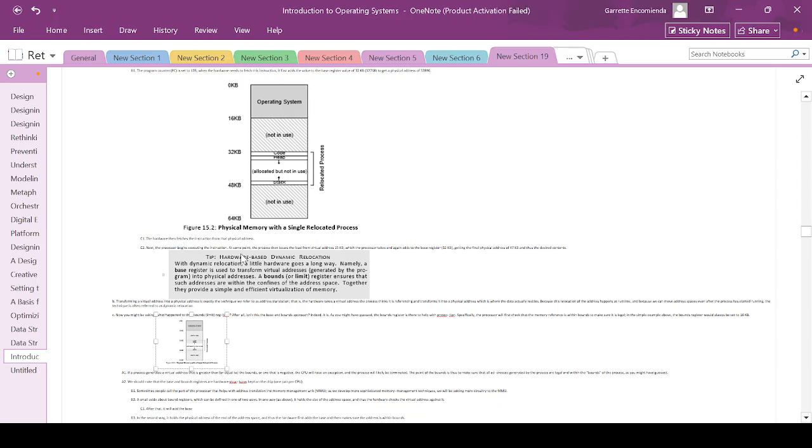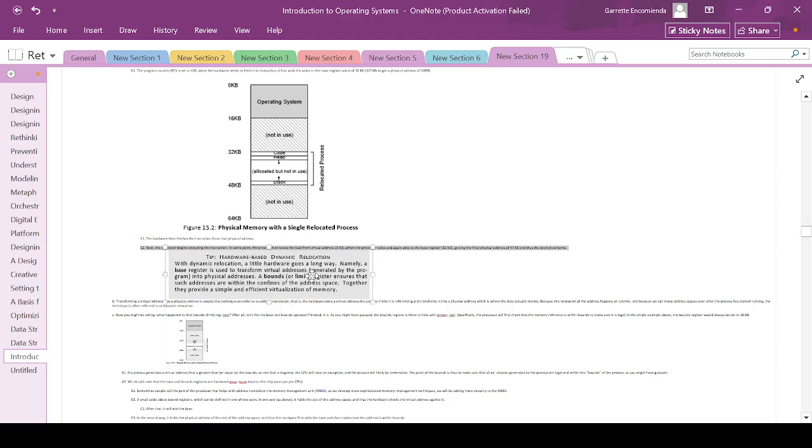The hardware then fetches the instruction from that physical address, because the processor executes the instructions provided by the code on the physical memory address.